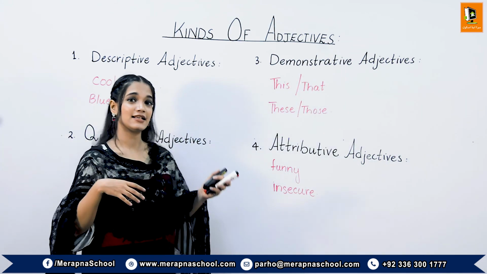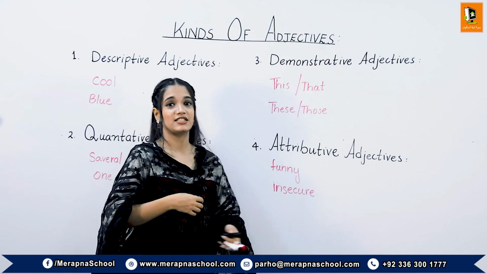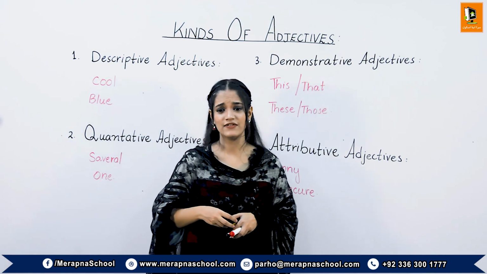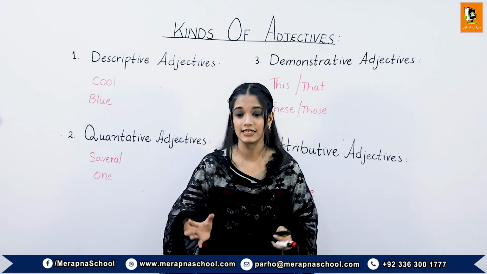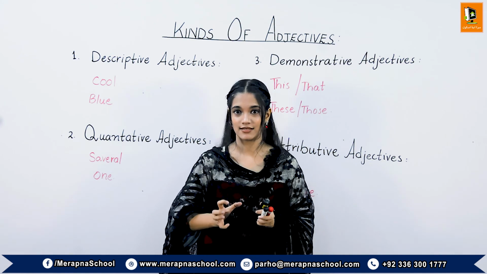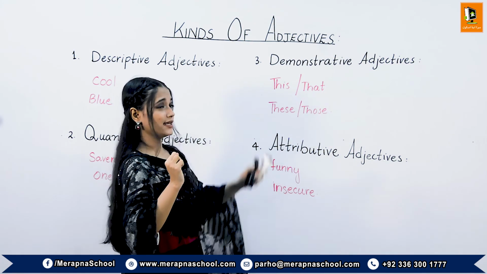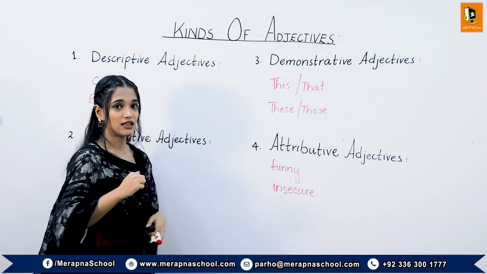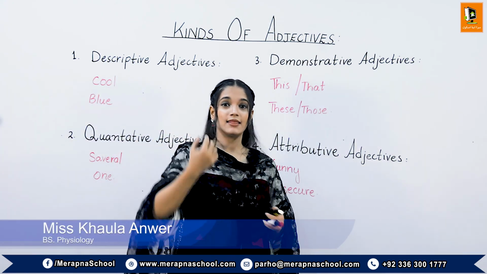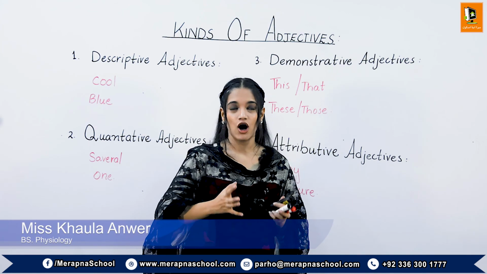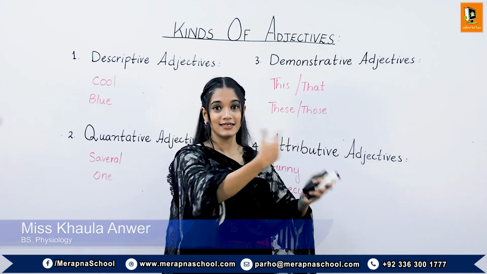Now moving on to the next kind, demonstrative adjectives. Demonstrative adjectives are the adjectives which tell which ones we are talking about. For example, this, that, these, those. They mention a person or a thing, near or at a distance.